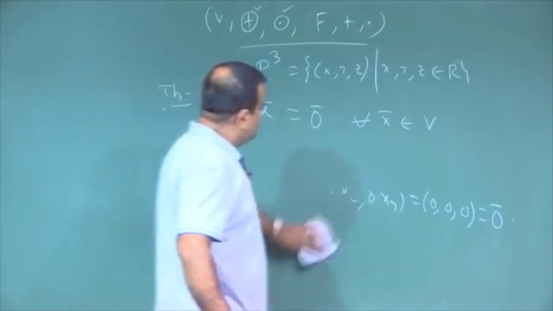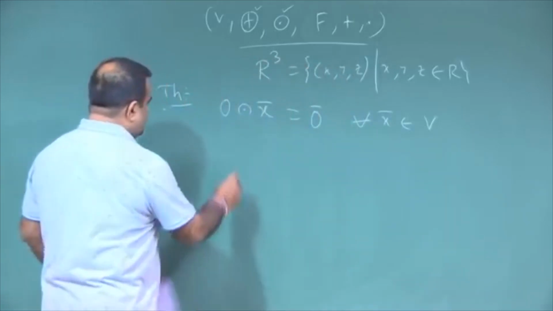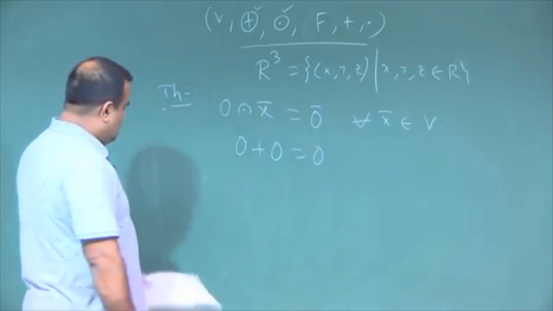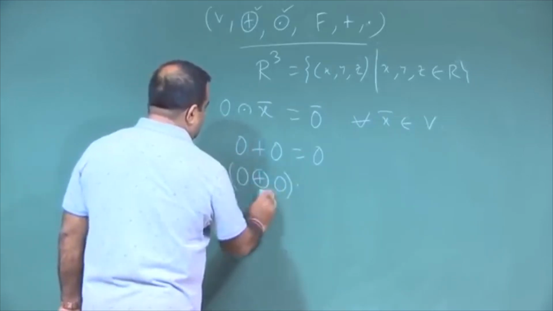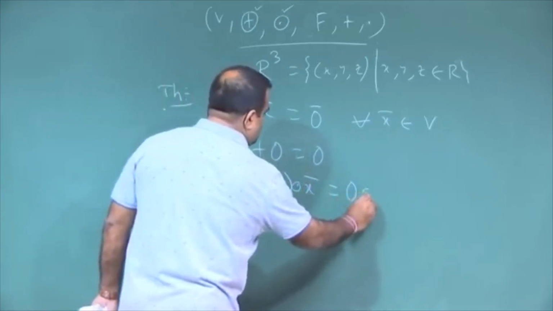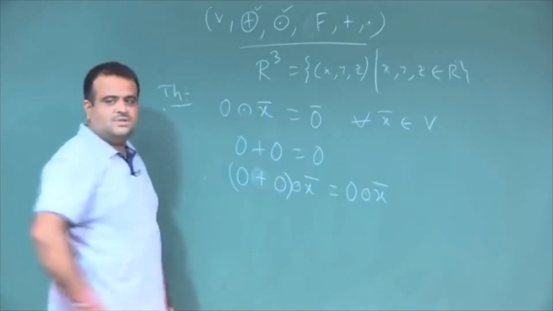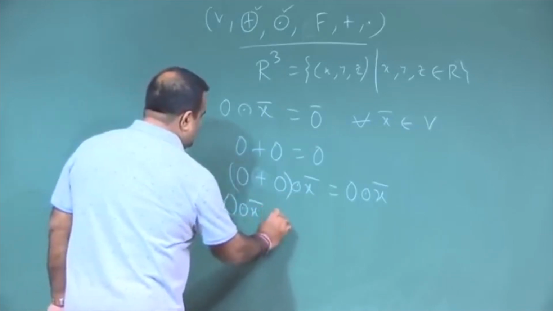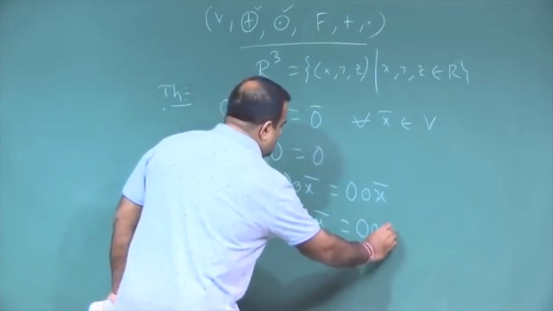Okay, this is true, but in general we can prove this. So how to prove this? We can take 0 written as 0 plus 0 equal to 0, where these are the field plus. Now we can operate both sides on x, where x is a vector. Now we have the properties of this scalar, so this will be 0x plus 0x equal to 0x, these being vectors.